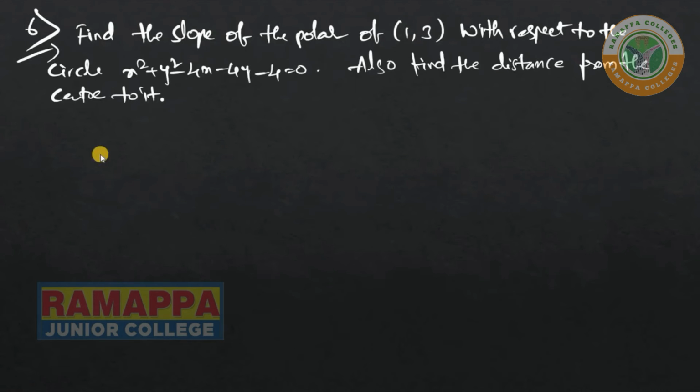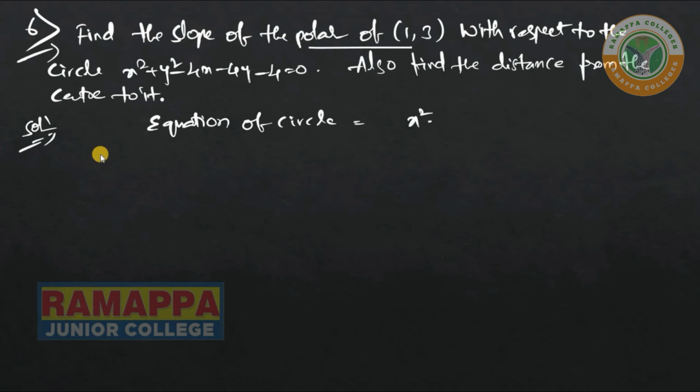The sixth one is: find the slope of the polar of 1, 3 with respect to the given circle, and also find the distance from the center to it. Solution: the equation of the circle is x square plus y square minus 4x minus 4y minus 4 is equal to 0.